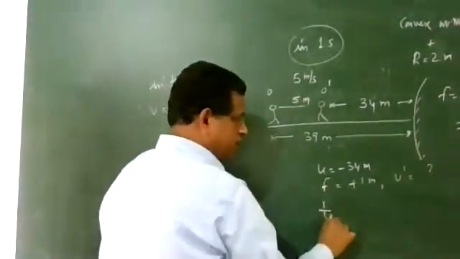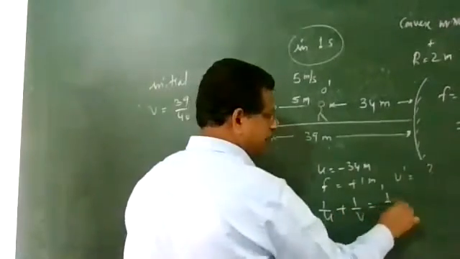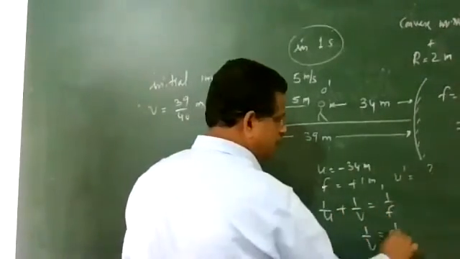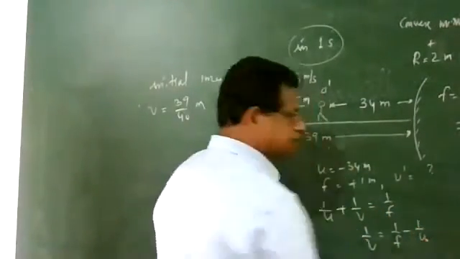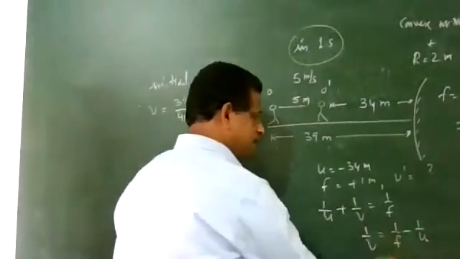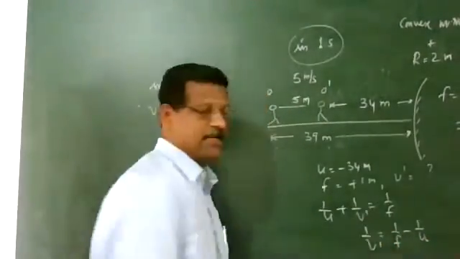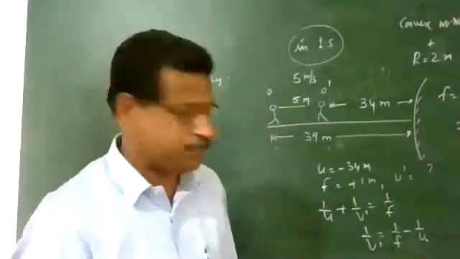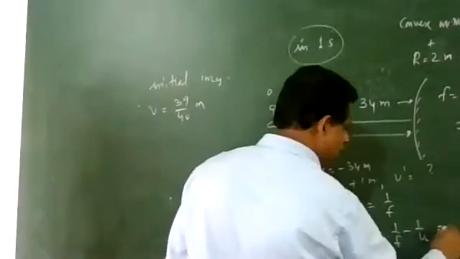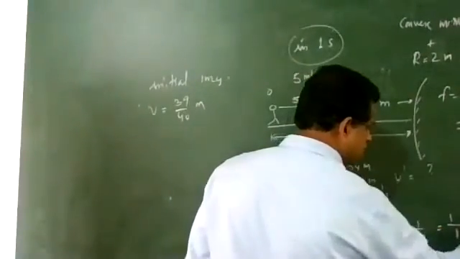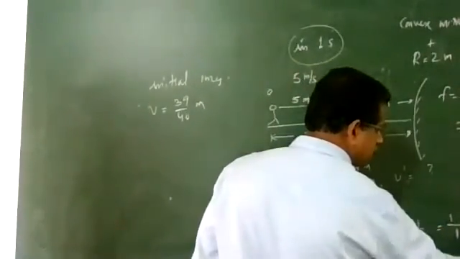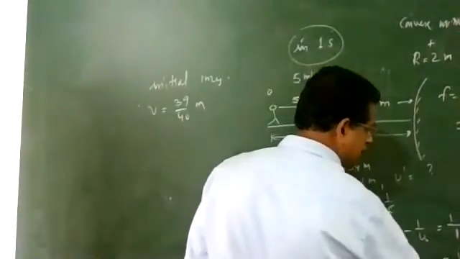So again 1 by u plus 1 by v equals 1 by f, so 1 by v equals 1 by f minus 1 by u. Here I am writing v dash to mark the final image. So this is 1 upon 1 minus 1 upon minus 34, which is 1 plus 1 upon 34.